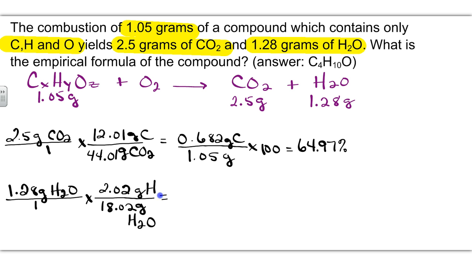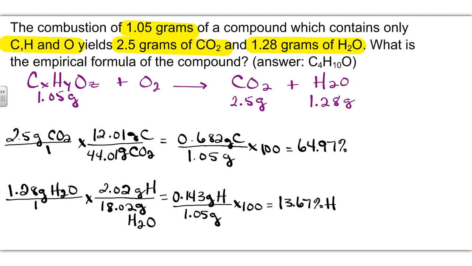So that's our fraction by mass of hydrogen. 1.28 times 2.02 divided by 18.02 gives us 0.143 grams of hydrogen. We figure out the percentage of hydrogen in the original compound, which again is 1.05 grams, times 100, and that gives me 13.67% of hydrogen.